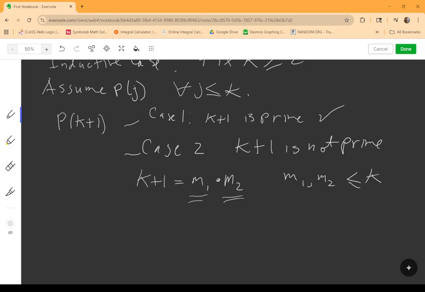And the same with m2. I can continue going until I have a product of primes, using the hypothesis recursively.